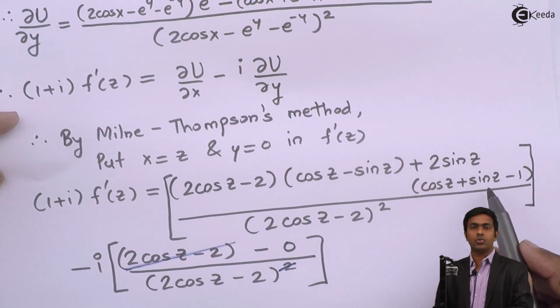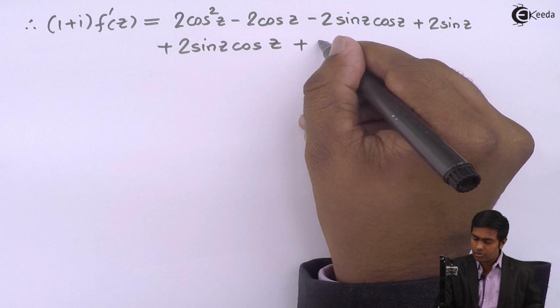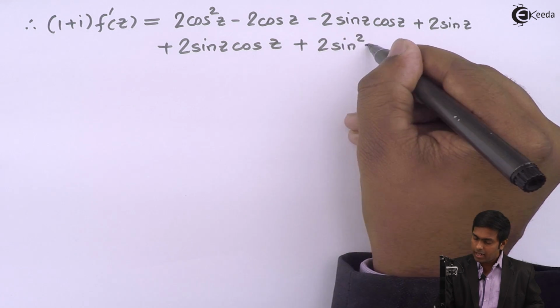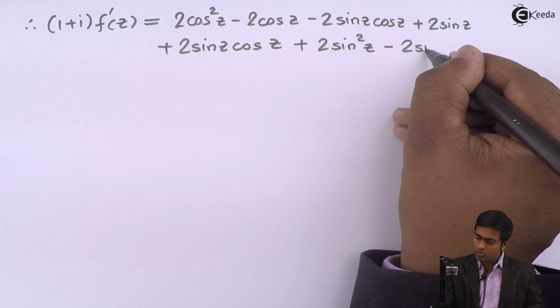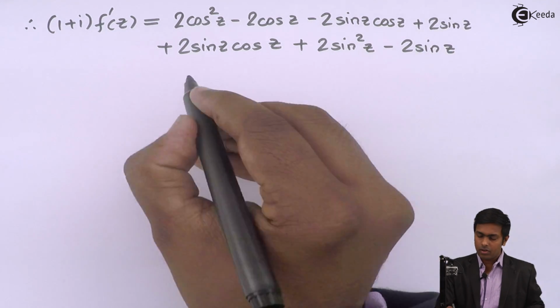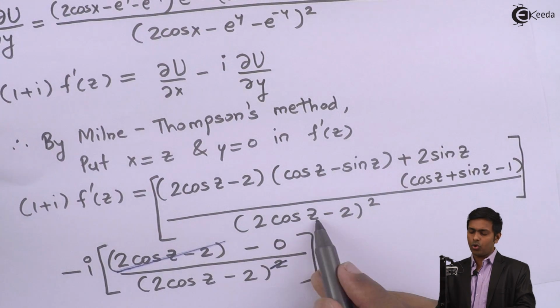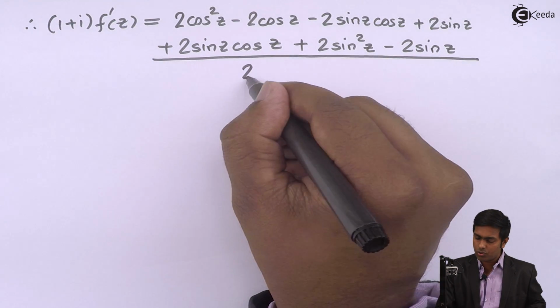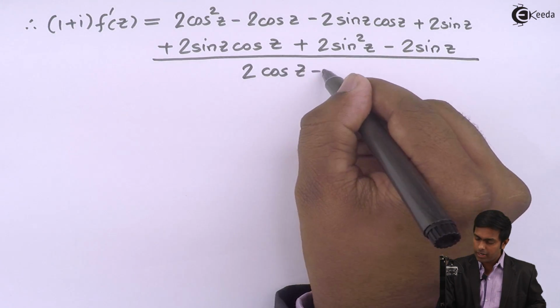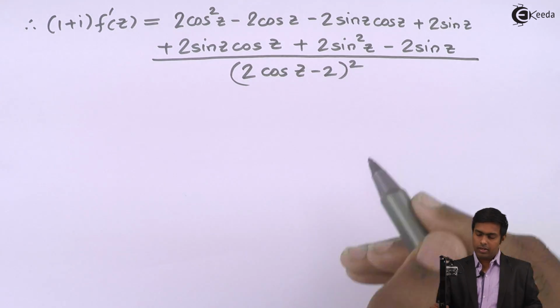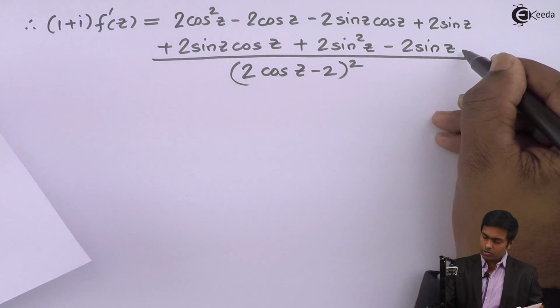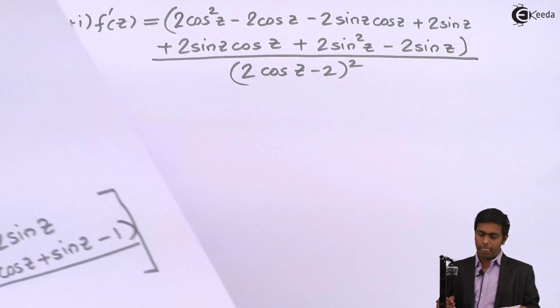Here 2 sin z into sin z, that is plus 2 sin square z, and the last term will be minus 2 sin z, upon 2 cos z minus 2 the whole square. So this is the numerator.